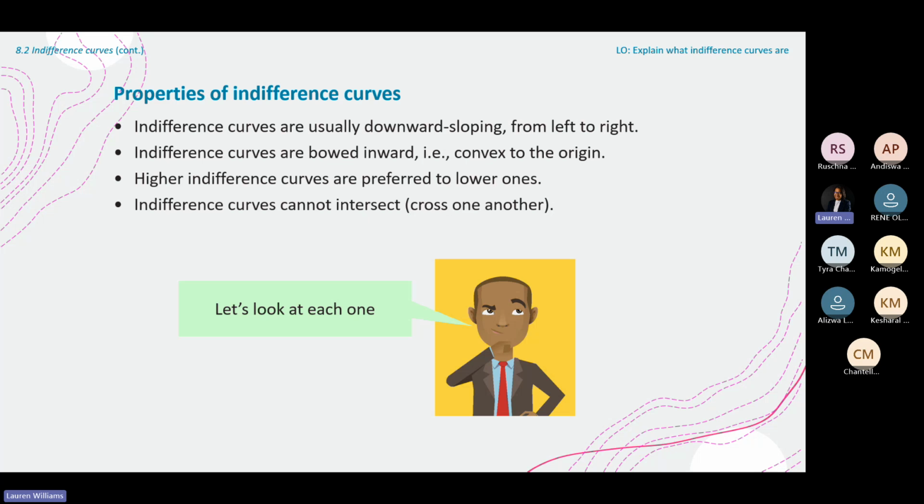Okay, the shape, we're saying now the shape of the curve. The higher your indifference curve, we prefer a higher indifference curve to a lower indifference curve. And I said to you, we keep trying to maximize our level of satisfaction, thus moving to higher and higher and higher indifference curves. And the other thing is that the indifference curves themselves do not intercept. They don't cross each other ever.